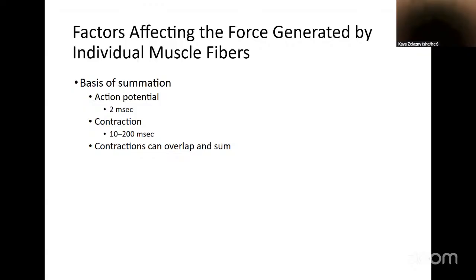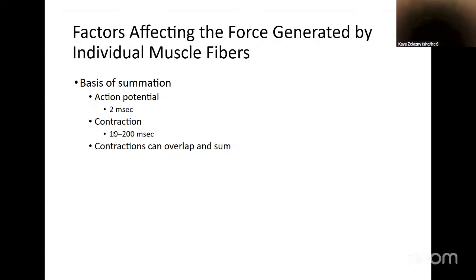So we have our motor neuron coming to the neuromuscular junction, ultimately creating an action potential in the muscle itself. Right, so an action potential is going to last like 2 milliseconds or so, and our contraction is going to depend a lot on specifically what muscle fiber we're talking to, what muscle we're talking to. But contraction is going to be definitely longer than an action potential, right?